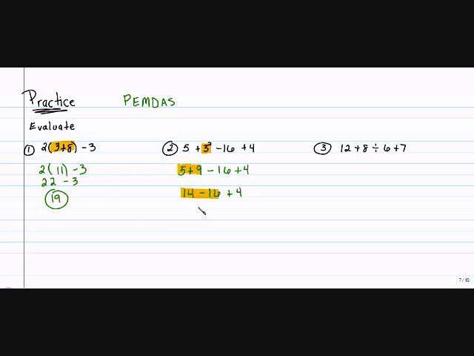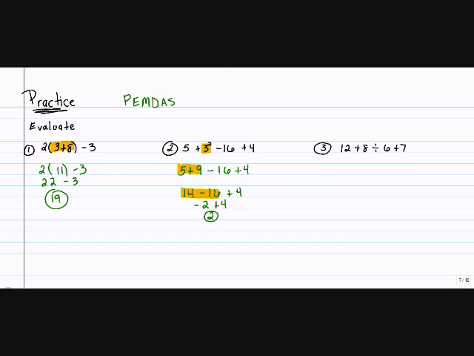The signs are different, so I'm going to find the difference, which is 2. 16 is larger than 14, and it has a negative, so my answer is negative 2. Rewriting my problem. And now I can go ahead and solve negative 2 and a positive 4, or 4 minus 2, which is 2.